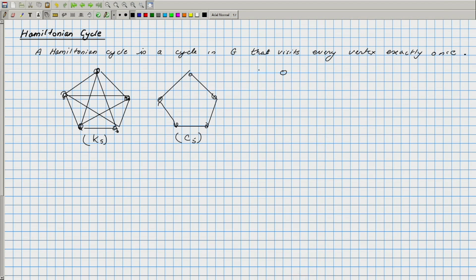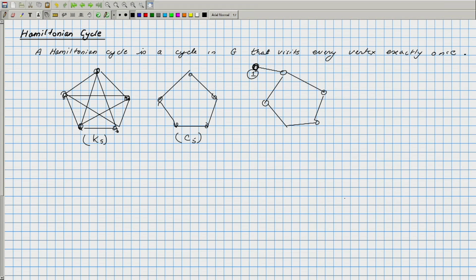Whereas, if you take this particular graph, this does not have a Hamiltonian cycle, because if we number this vertex as vertex 1, if you start at vertex 1, you can never end up back at vertex 1, and if you start at any other vertex, the moment you reach vertex 1, you are stranded there, and therefore, this is a graph which does not have a Hamiltonian cycle.